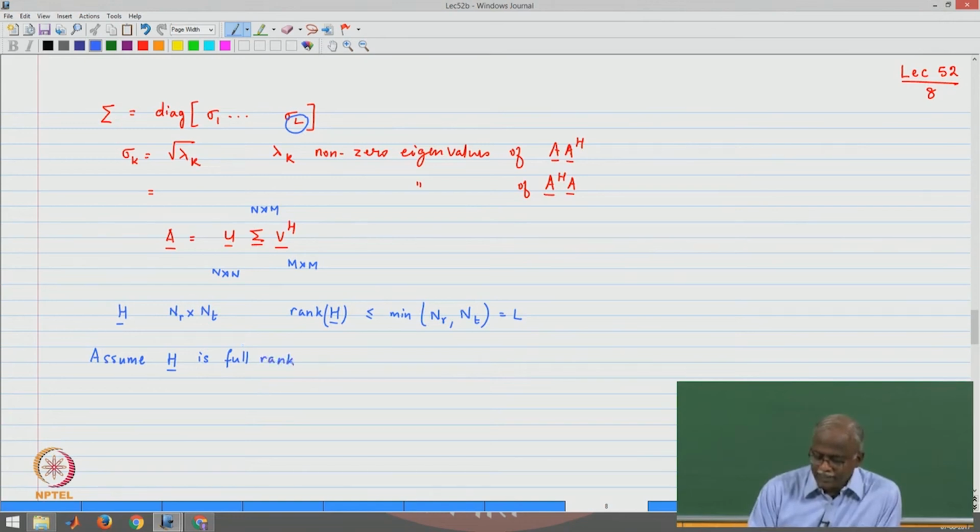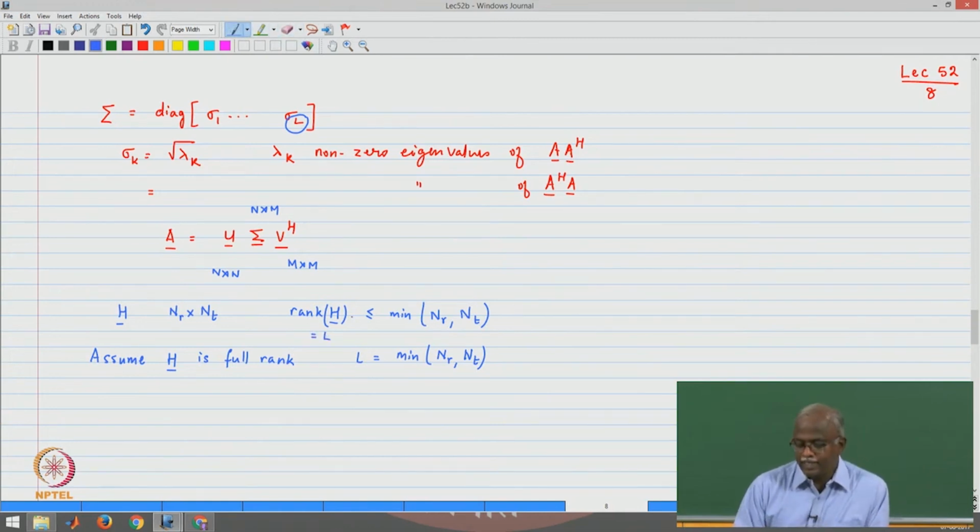If H is full rank, then the value L is equal to the minimum of nr and nt. In the general case the rank L is less than or equal to this, and when H is full rank, equality holds.